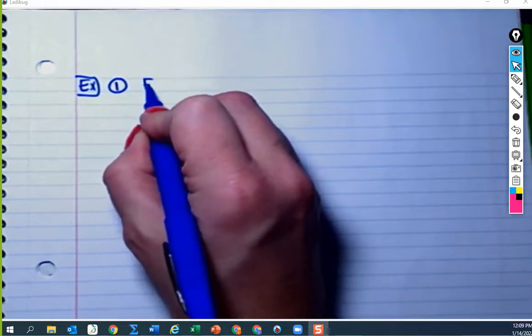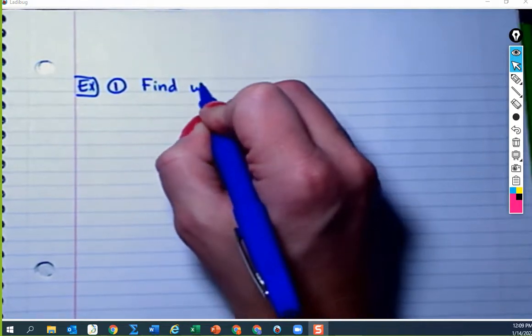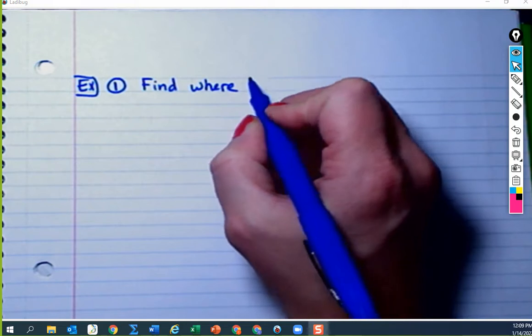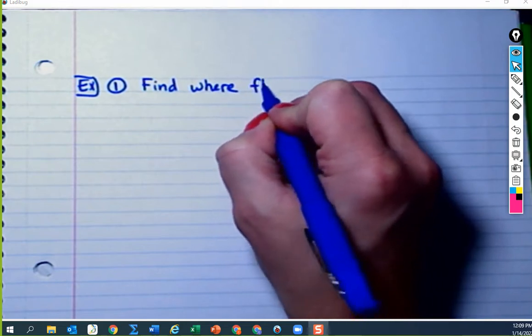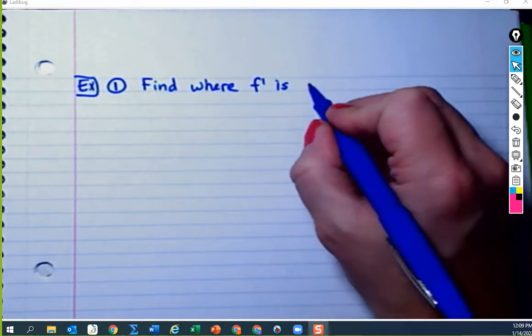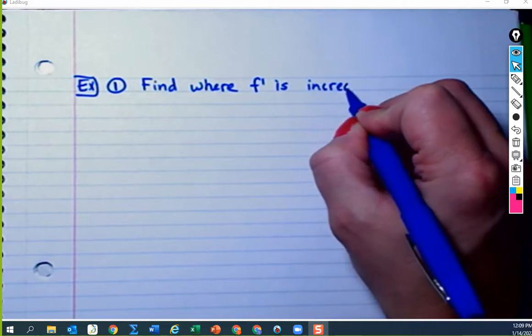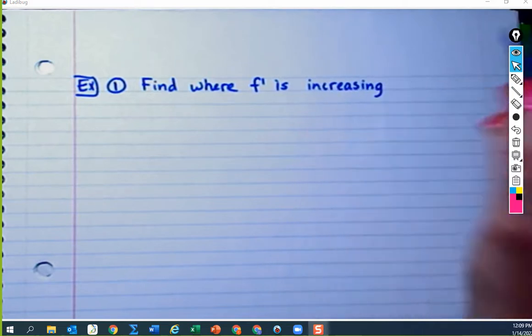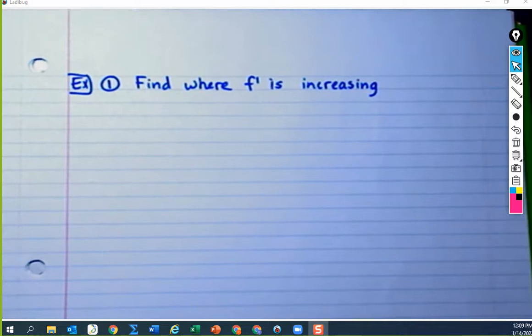Okay, example. Here we go. Find where f prime is increasing.